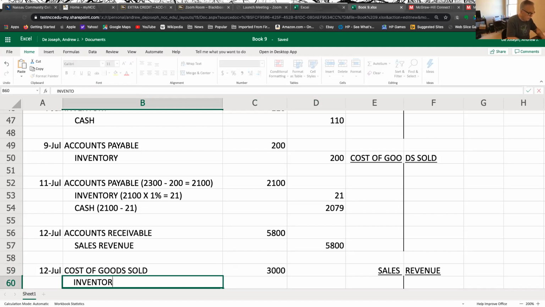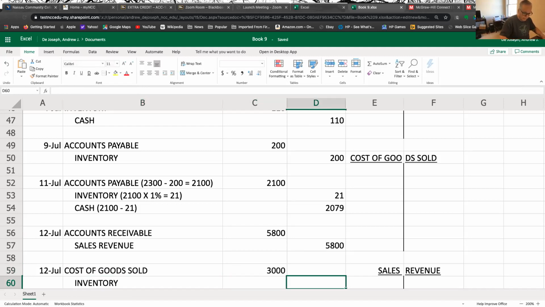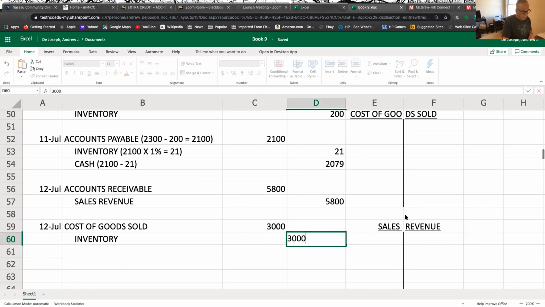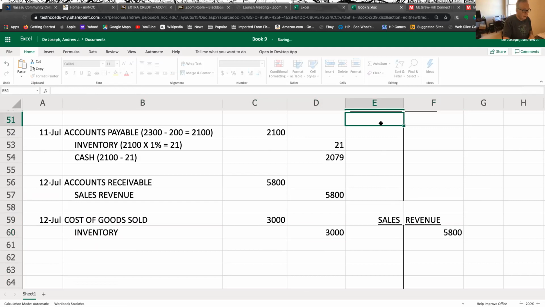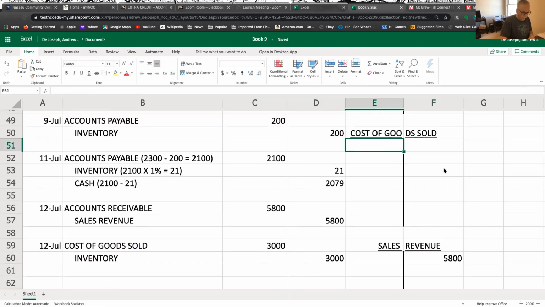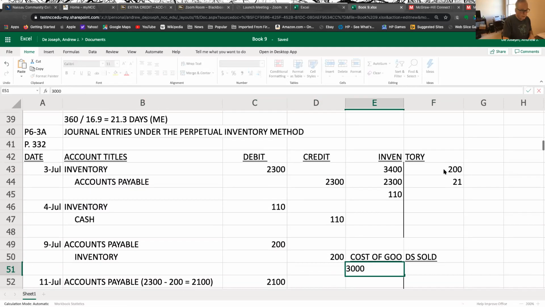And credit inventory, $3,000. Okay, so let's put that in our accounts down here. Sales is $5,800, credit. Cost of goods sold is $3,000, debit. And inventory is $3,000, credit.